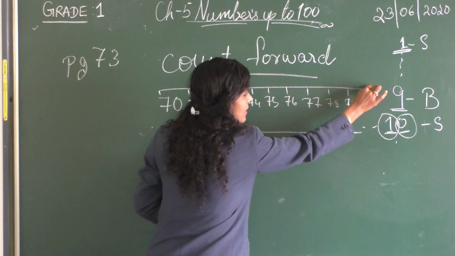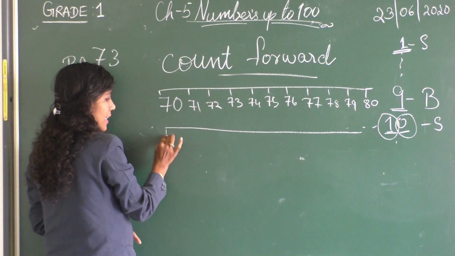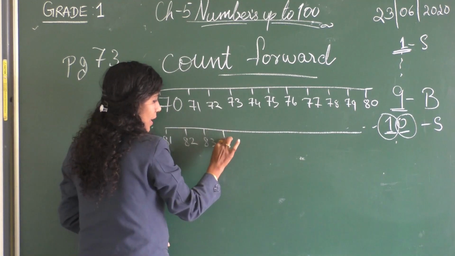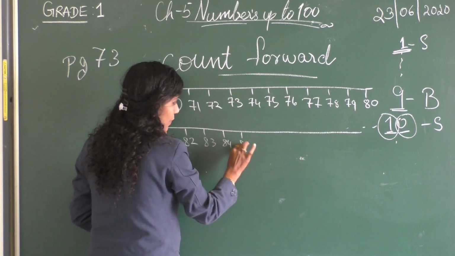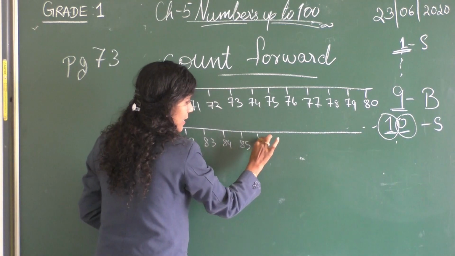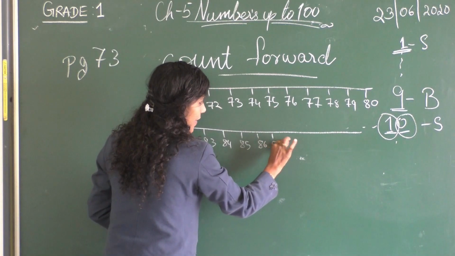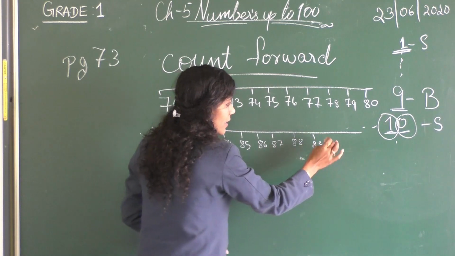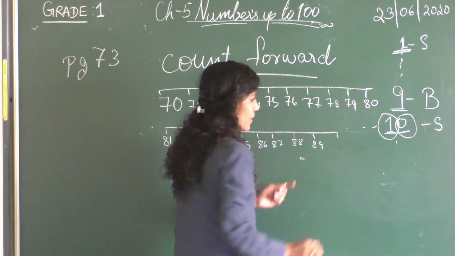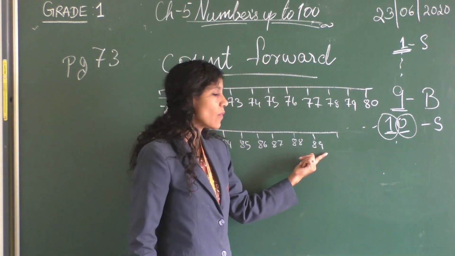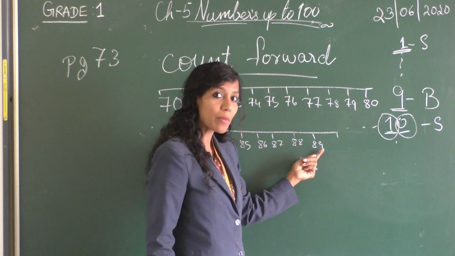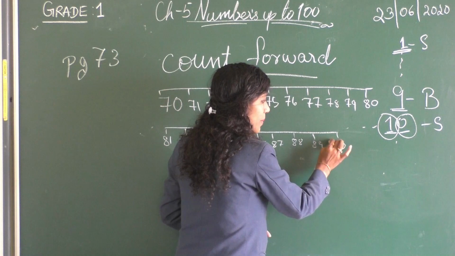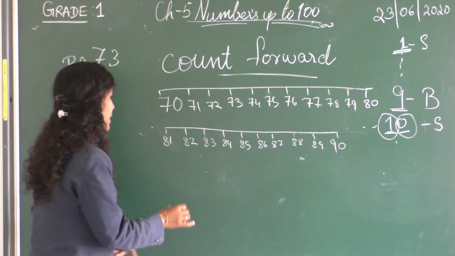After 80, from here the line continues: 81, 82, 83, 84, 85, 86, 87, 88, 89. And again you can see the 9th ones position, one more 1 comes, it will become 10, so you make it 0 and 8 will become 9.